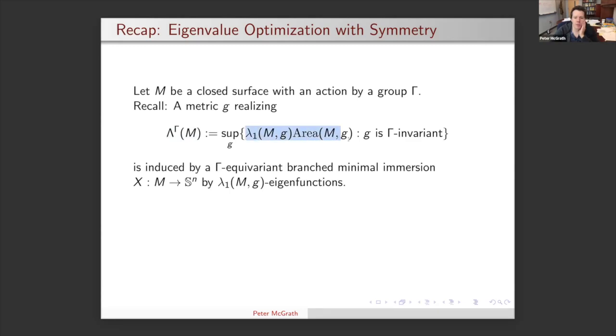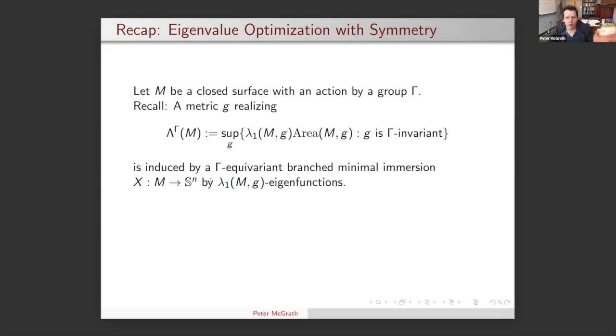One looks at the normalized eigenvalue with respect to a particular gamma-invariant Riemannian metric, and then takes the sup of that over all such metrics. If that sup is achieved by a smooth metric, or smooth except for finitely many singularities, then one gets a branched minimal immersion by first eigenfunctions.